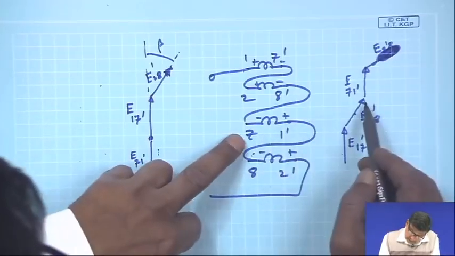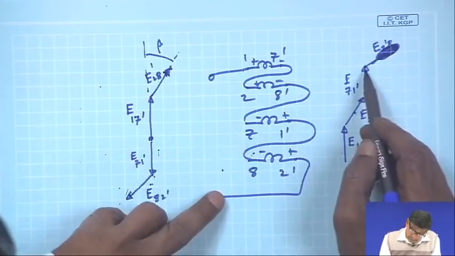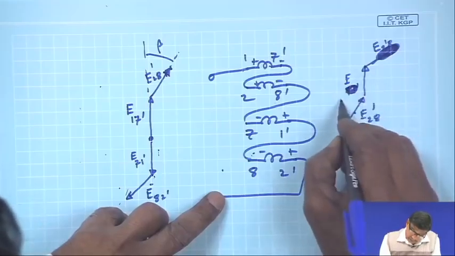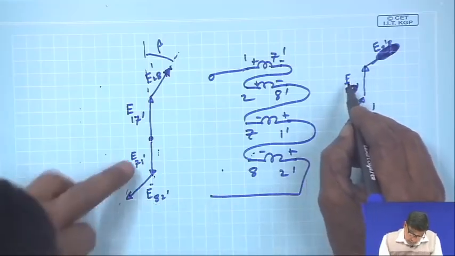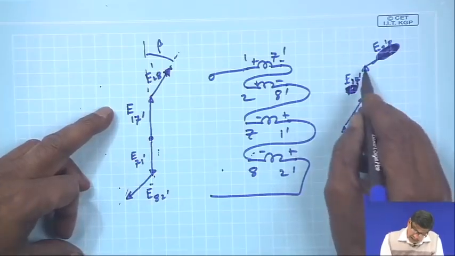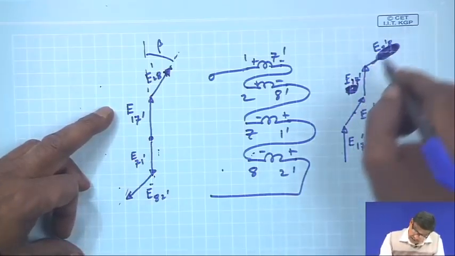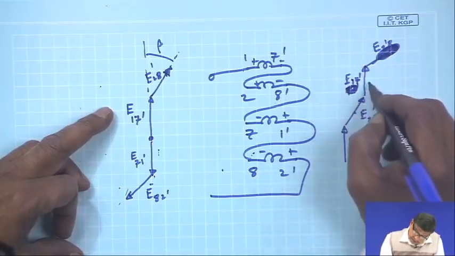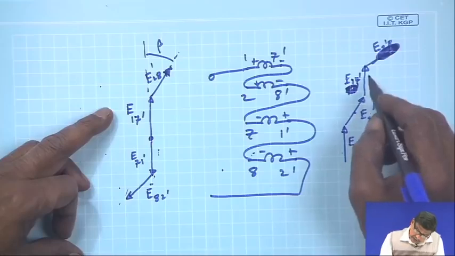E71 dash is correctly drawn, 1 dash 7 is it? I have opposite it, 1 7 dash, and then E28 dash, and then these two voltages E28 dash will be this and this.